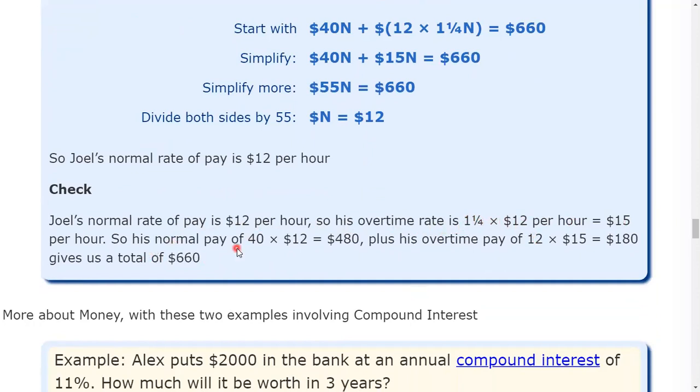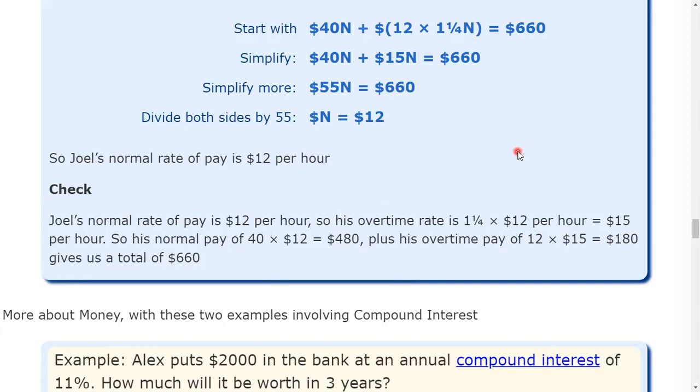So his normal pay, that is 40 hours into the normal rate of his payment, that is $12, 480, plus his overtime pay, that is he is doing 12 hours of overtime. So for every hour $15, so he will get 180. So this is the normal payment, $480, and this is the extra time payment, overtime payment. If you add these two, we will get the same which is given to us.